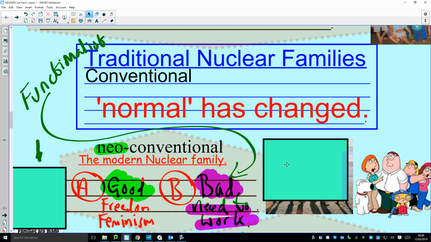That's the key change. In the neo-conventional, the mum and the dad both have full-time jobs outside the home. Yeah? To feminists, this is a good development, more freedom. To functionalists, this is a bad thing. It threatens the family, threatens the function of the family to do with the socialization of kids.